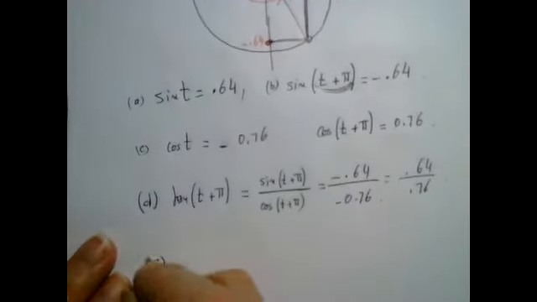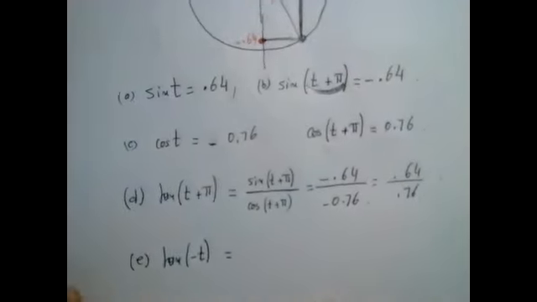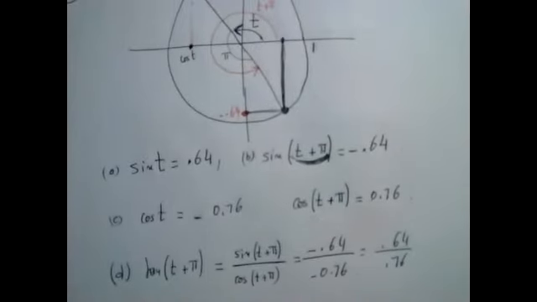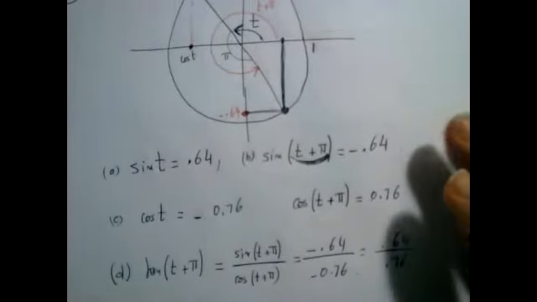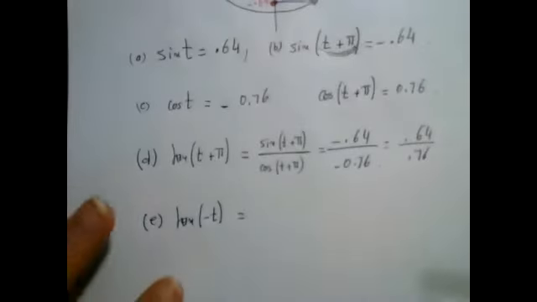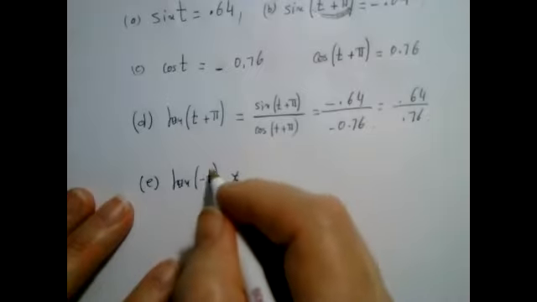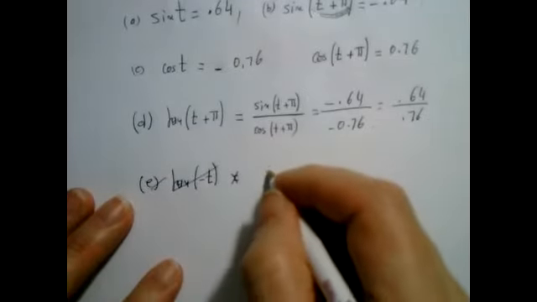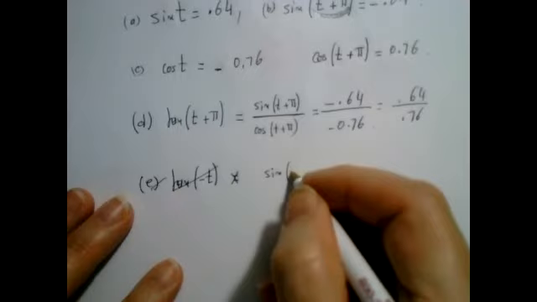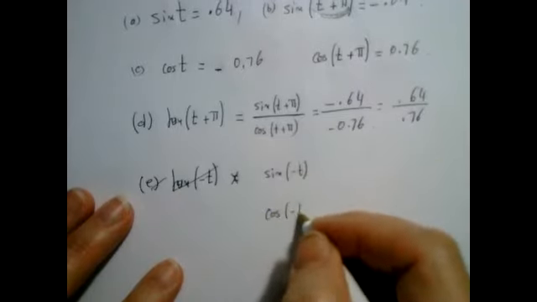Now the final one is, what's the tangent of minus T? Okay, so I want you to think a little bit this time. And before I ask you tangent of minus T, I'm going to ask you the following. What's the sine of minus T? What's the cosine of minus T?